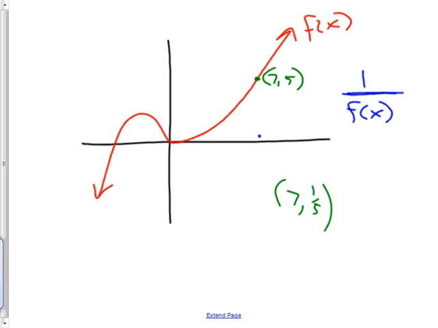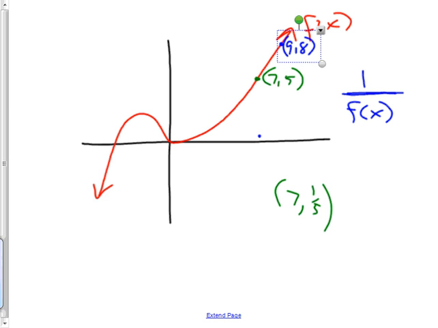You could do that for every single point on this graph. All right, so let's do it for another point. Let's say this is 9, 8. Since it's on the original graph, I should have really made it green.